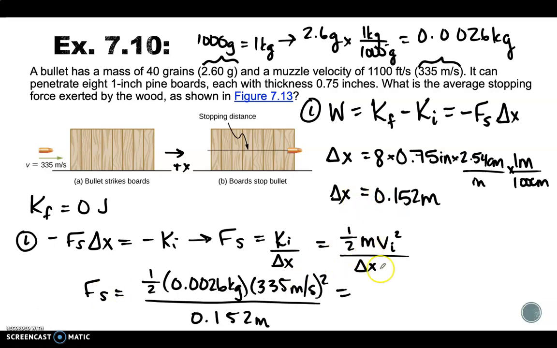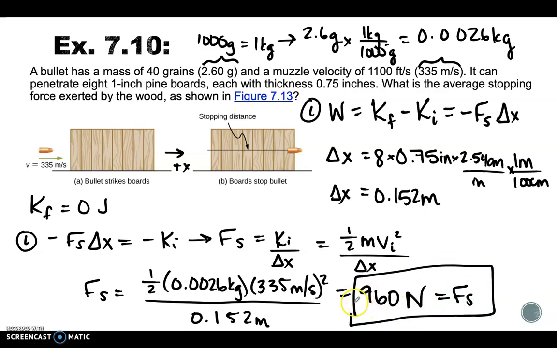And you'll get a stopping force of 960 newtons. So this is our stopping force of the wood. The stopping force exerted by the wood.